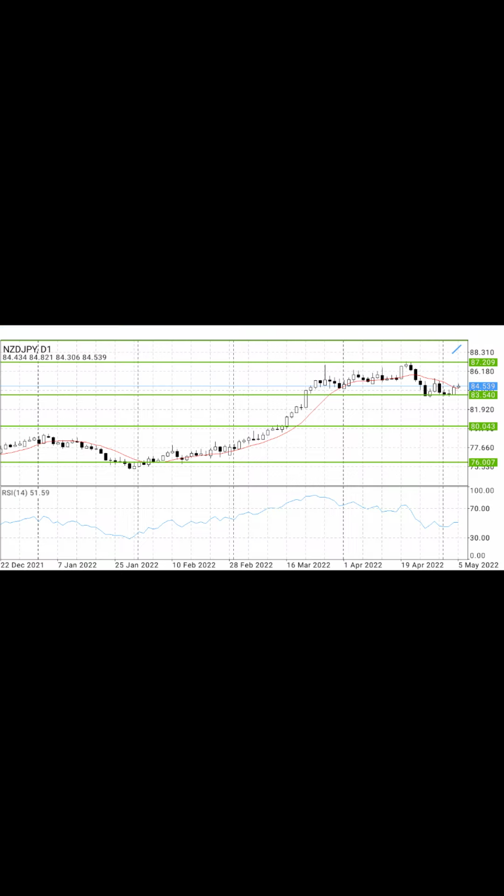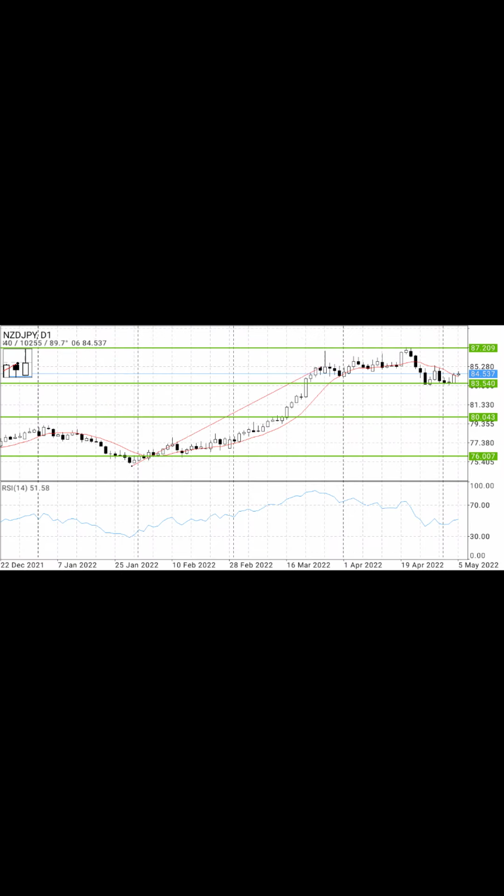So that's the bullish, a very strong bullish. It broke above the first resistance, second resistance, created a third resistance.